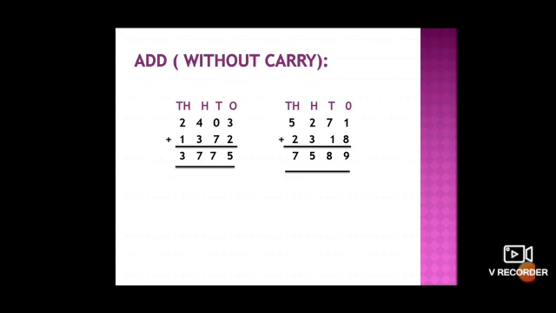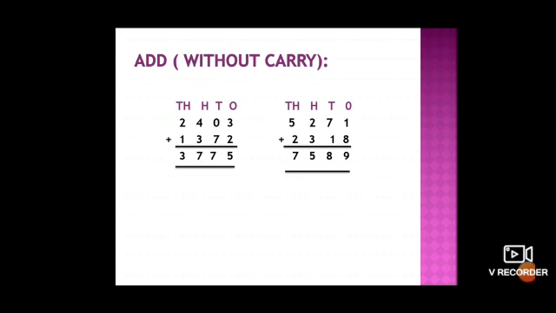Next, hundreds place. 4 plus 3, how much? 7. After adding the hundreds place, we move on to the thousands place. 2 plus 1 is equal to 3.